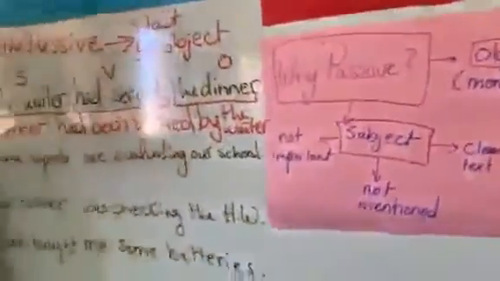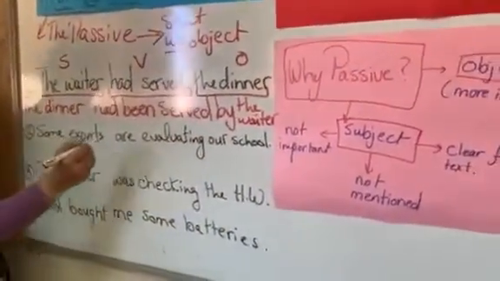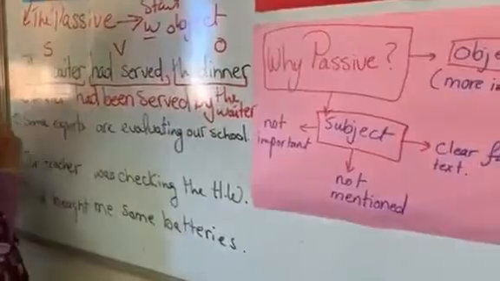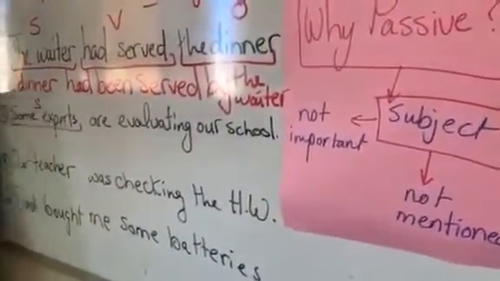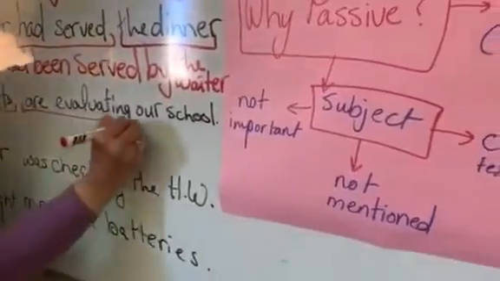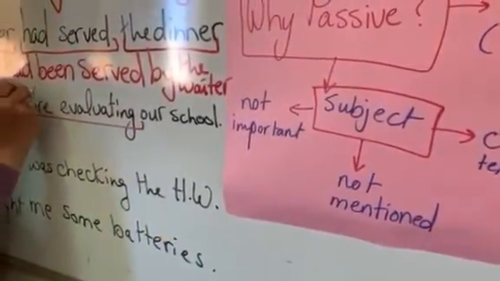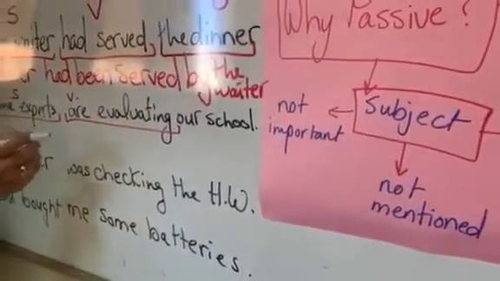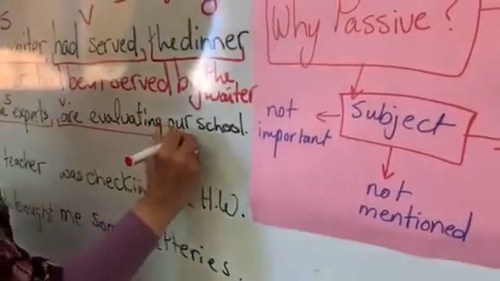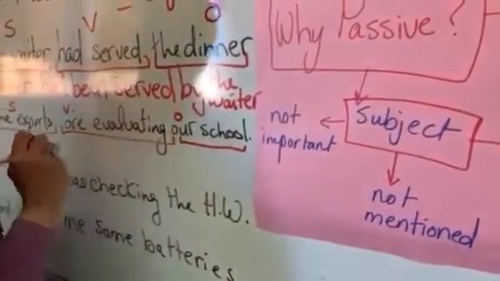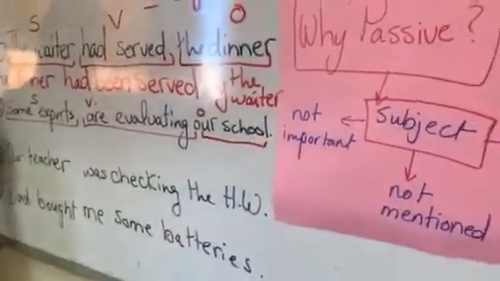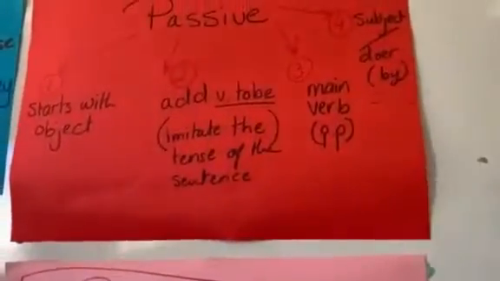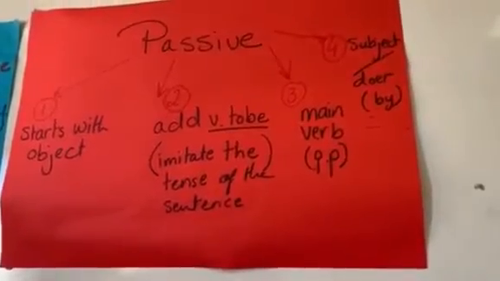Okay? Now sentence number 2. Some experts are evaluating our school. Again, some experts is the subject, are evaluating is the verb. In which tense? The present continuous, and our school is the object. Number 1, I start with the object, our school.